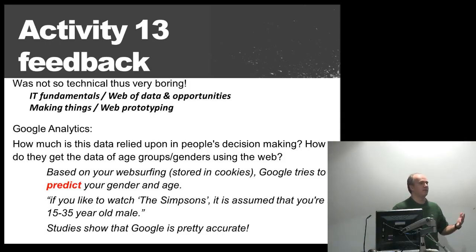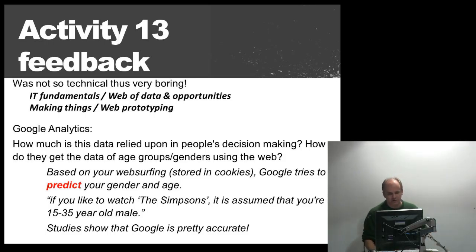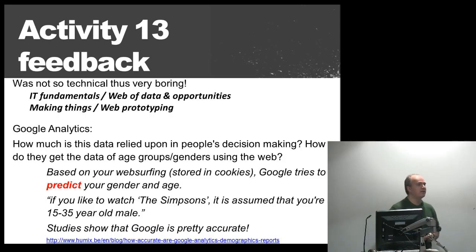Obviously you want to know how good those guesses are, because if you are building a website and trying to customize it, optimize it for a special type of public, it's very important that you have the right information about the public browsing your website. Some studies by academics took a group of people and asked them their gender, where they come from, and so on.